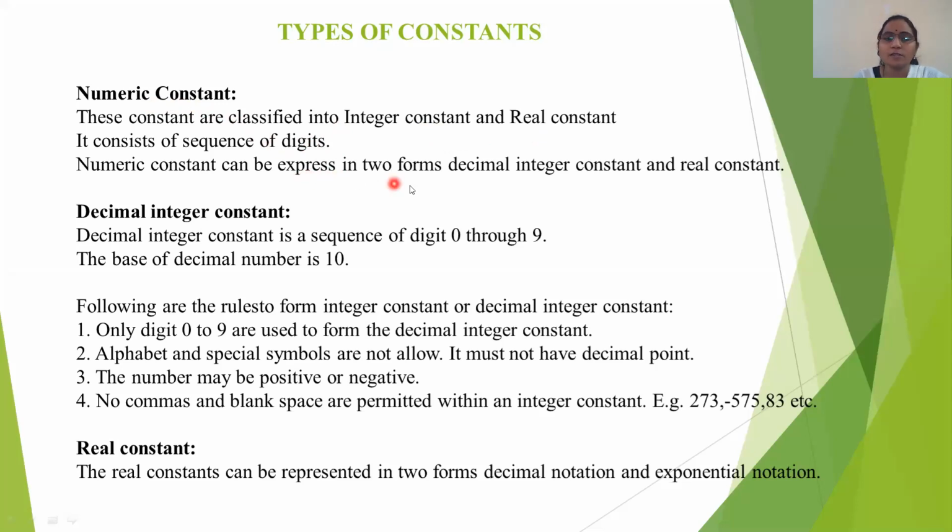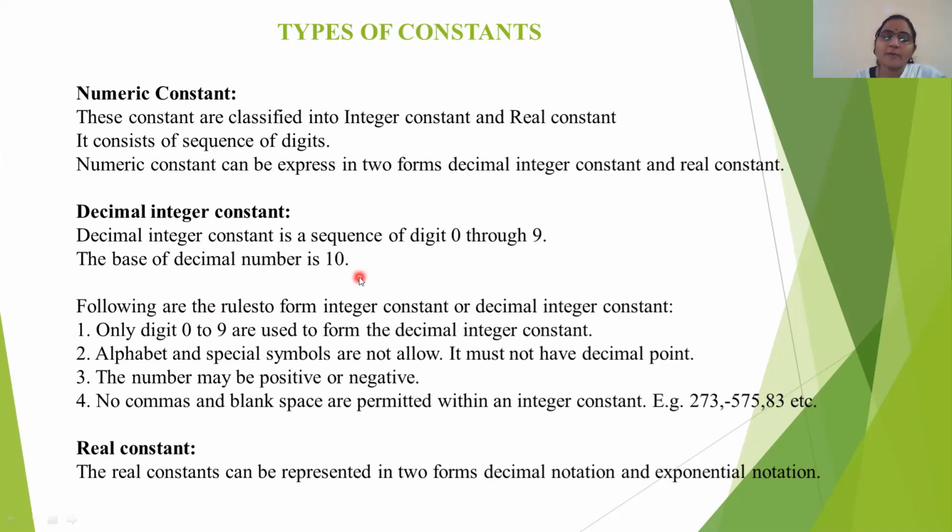Then numeric constants can be expressed in two different forms. The first one is the decimal integer constant, and the second is the real constant. First, decimal integer constant. A decimal integer constant is a sequence of digits 0 through 9. The one basic thing related to this is that the base of a decimal number is 10.